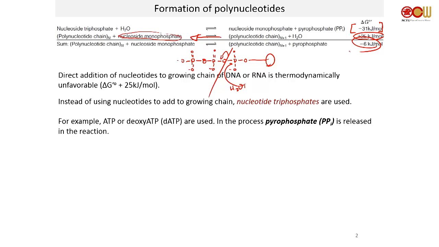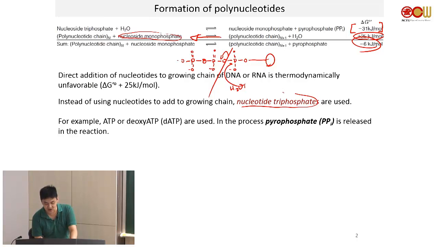Then the DNA polymerization has become favorable. This is one of the bottom lines I want you to know: in reality, DNA is made from dATP, dCTP, dTTP, and dGTP. They are made from nucleotide triphosphates instead of the monophosphate.